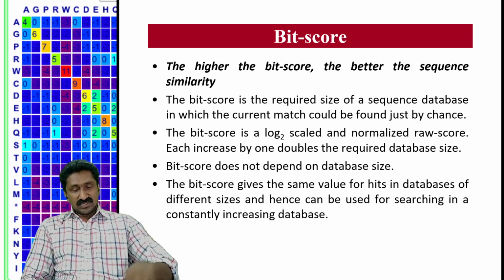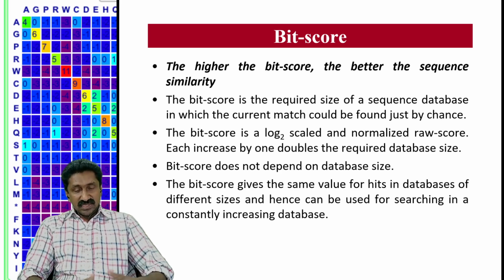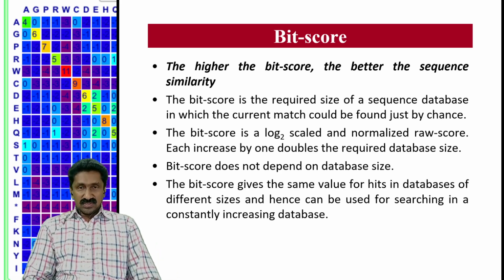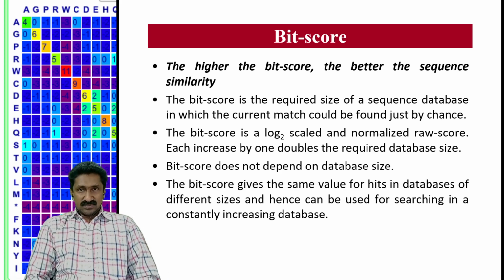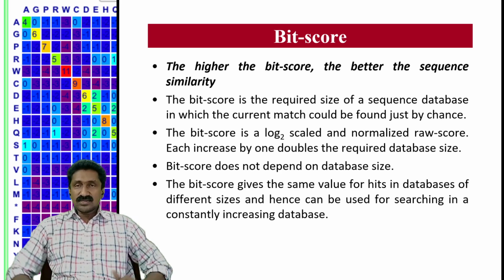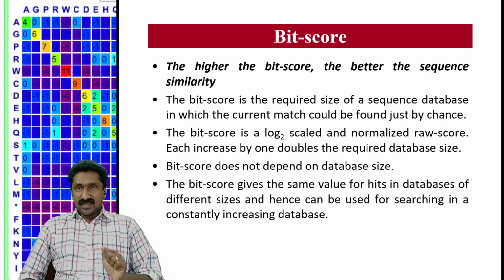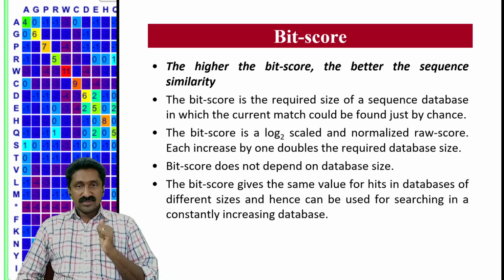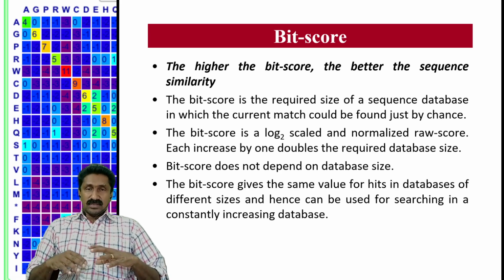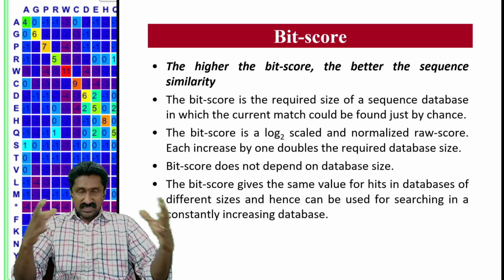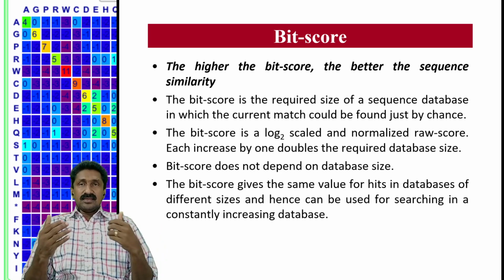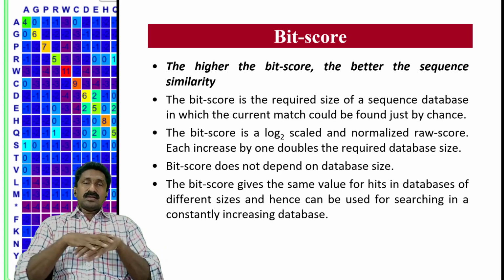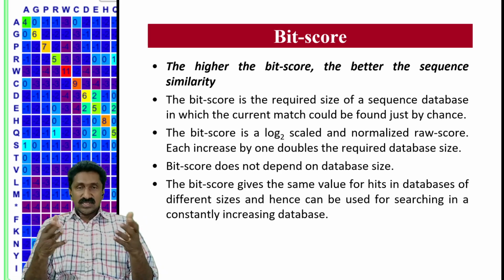as we have discussed in one of the previous sessions, with the increase in size of the database, there are increasing possibilities of finding random matches. As I mentioned, if you are looking for a person just like you in Kerala, you may not find one, or if you are looking in entire India, then you may find at least one person, and if you are looking over the whole world, you may find 6 or 7 persons.